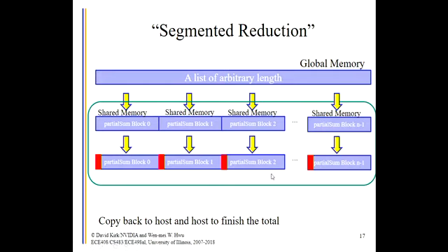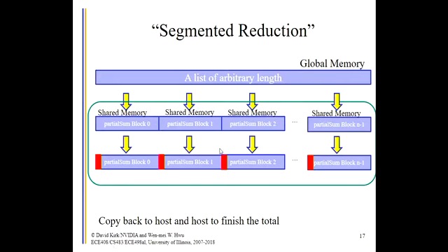This is the reduction tree that will take the block's part in the shared memory down into one element, right? So element 0 in each of these segments gives you the partial sum for the 2048 elements processed by that thread block.